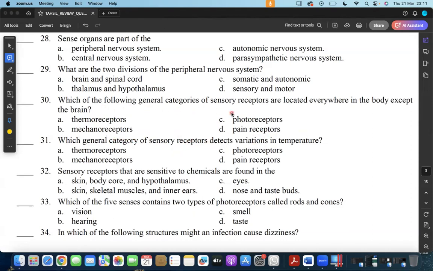All of these are general categories of sensory receptors, but they are found in many other places in the body. Thermoreceptors are found outside in the skin, and inside the body. Mechanoreceptors are found in many places in the body. But the one which is found everywhere in the body, but is not found in the brain, is the pain receptor.